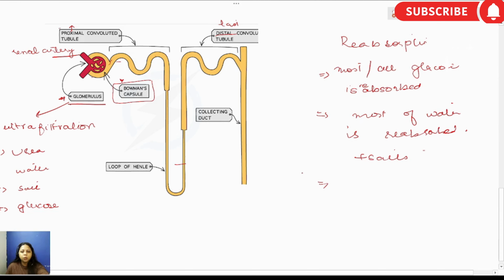So the volume and concentration of urine differ in different cases, like in humid weather or hot weather, in summers or in winters. This is because in this last part the reabsorption takes place according to the body's needs.